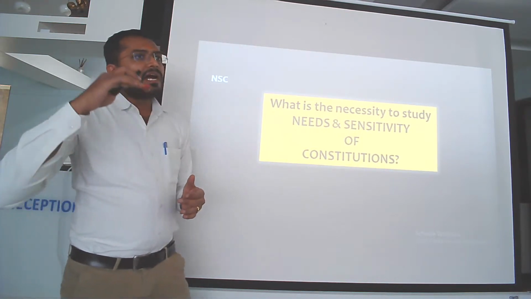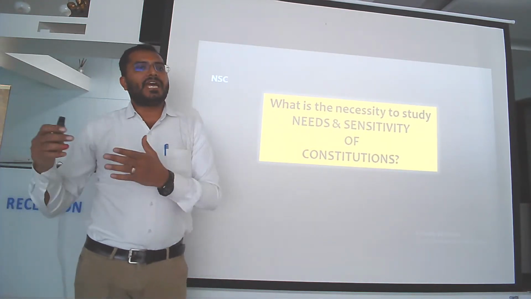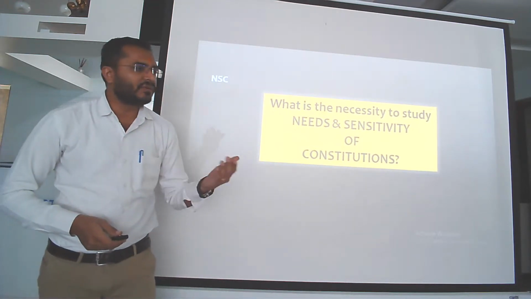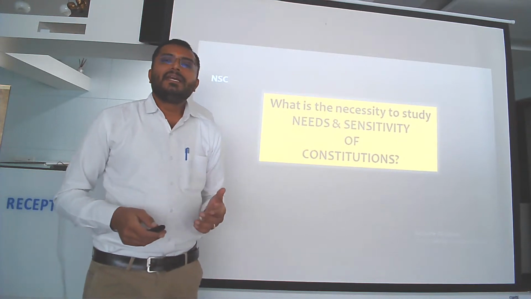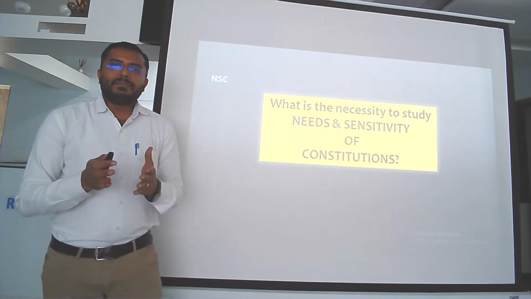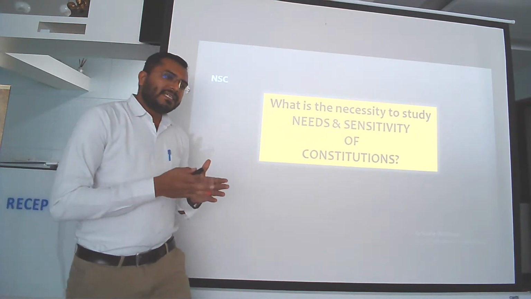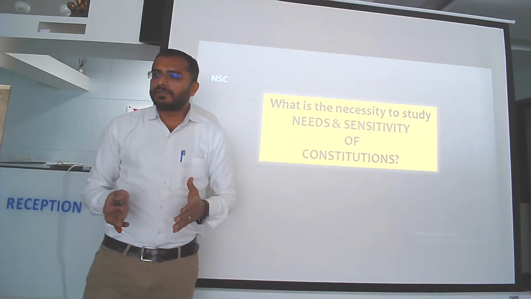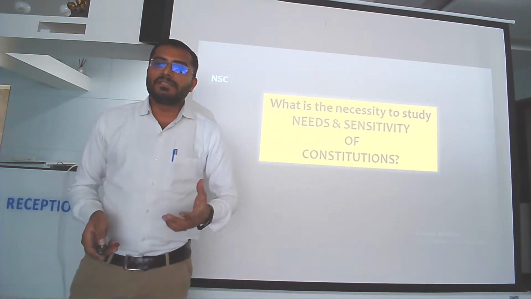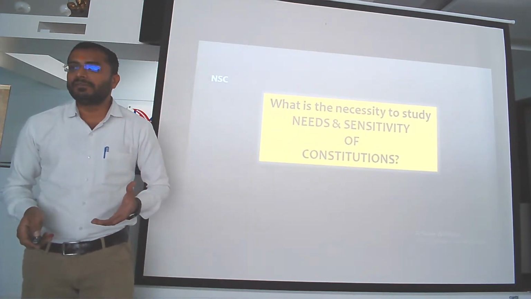But when we go to a higher disease like hypertension, diabetes, thyroid, and higher level diseases of the fourth, fifth, sixth, and seventh layer, in that case we need to understand the basic miasm as well as the basic needs and sensitivity of the patient. So we have to know what the need and sensitivity are. This is the necessity of the needs and sensitivity.